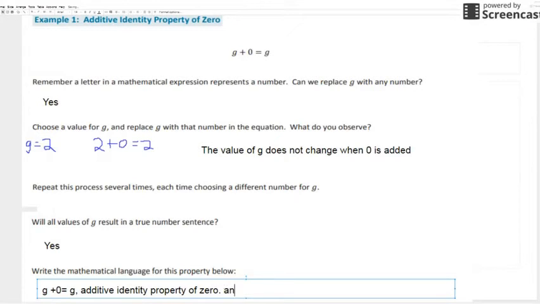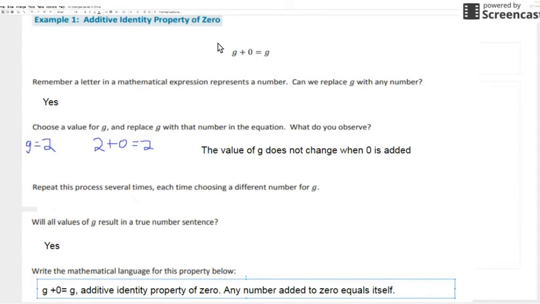It says any number added to 0 equals itself. So whenever you add a number to 0, nothing changes. The answer is the number itself.